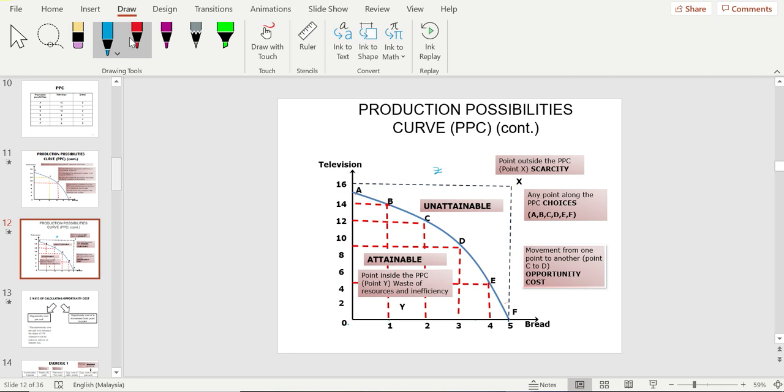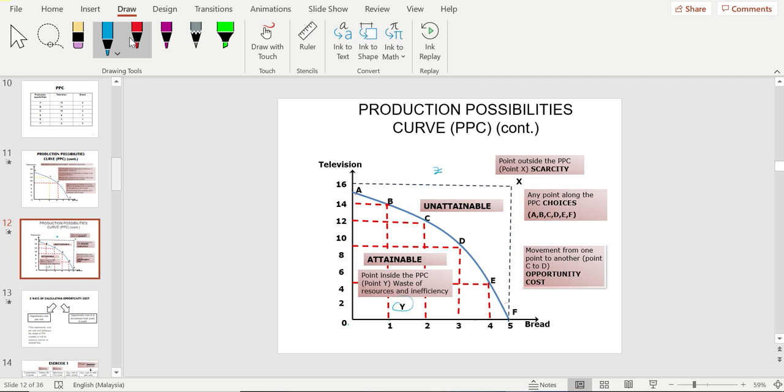It's unattainable. Okay, well any point inside the PPC, dalam PPC ni, dalam lingkungan ni, is attainable, tapi waste, pembaziran berlaku. Because you can produce at A, B, C, D, E, F, tapi you choose to produce inside, for example, Y ni, point Y ni, dalam curve tu.